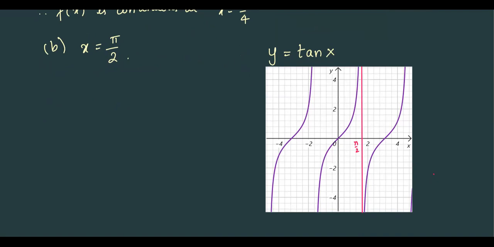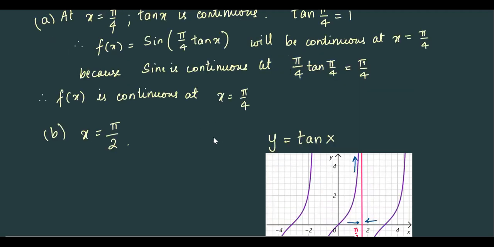Now as x approaches pi by 2 from the left, tan x approaches plus infinity. But when x approaches pi by 2 from the right, tan x approaches minus infinity. So the function is discontinuous and the function is not defined at that point.